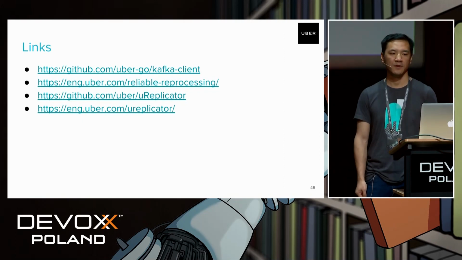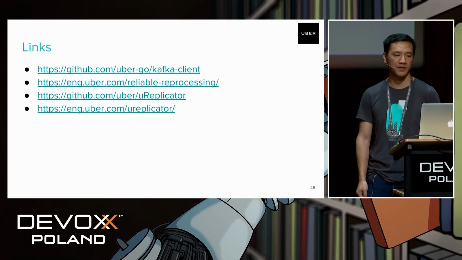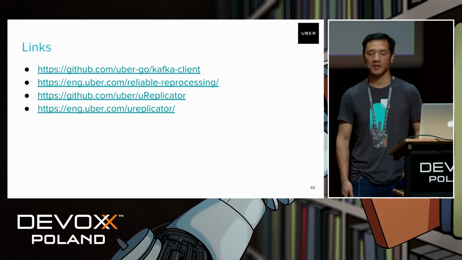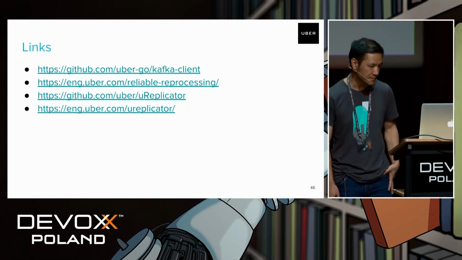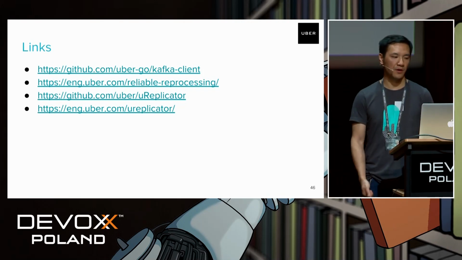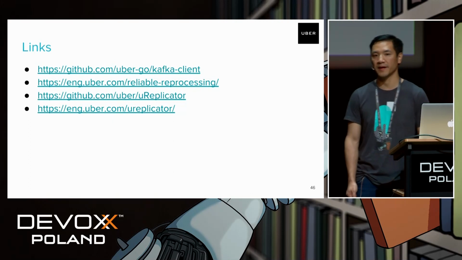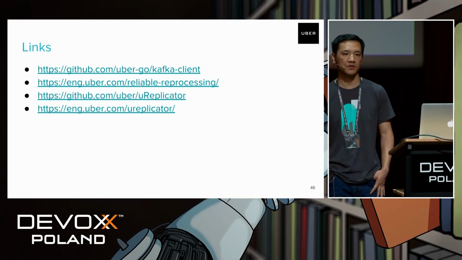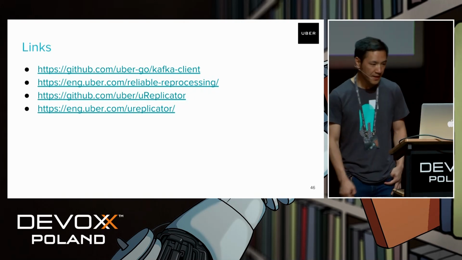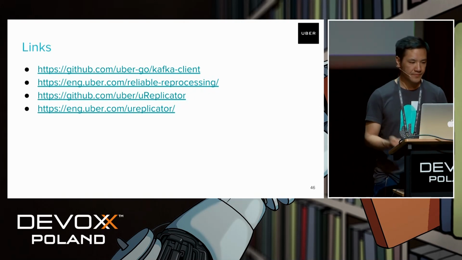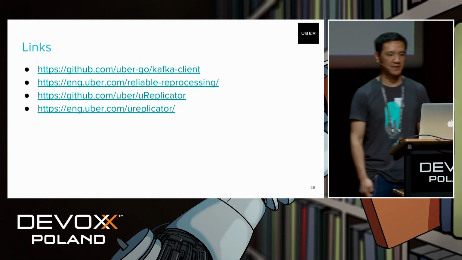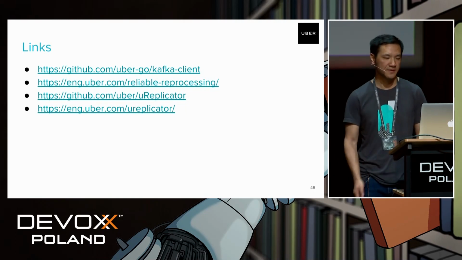And now we are providing this feature to all of our users, so they don't need to rebuild this feature on their own. The third link is to a GitHub repo for uReplicator. As I mentioned, it's an in-house version of MirrorMaker. Last one is the engineering blog for uReplicator. In case you are interested, just check it out.